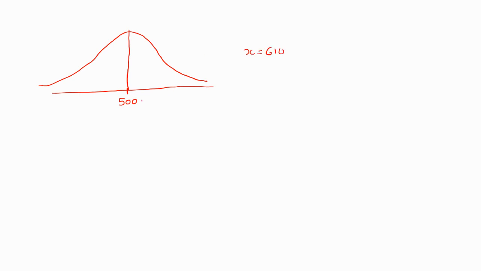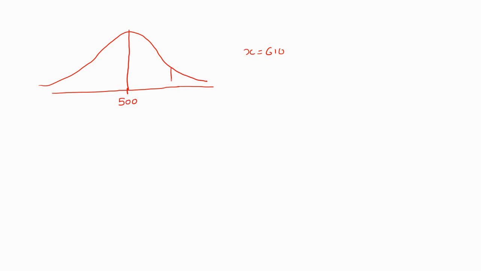Now let me put this in a graph. Let me draw this graph. There is no need to draw the graph each and every time, but it will be safer so that your examiner cannot cancel your marks. Okay, so now the normal distribution has been drawn. My mean was said to be 500. Next it was said that the x value is 610. Now 610 is greater than 500, that means it will lie somewhere on the right hand side.